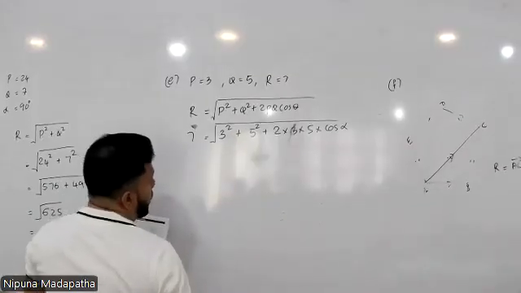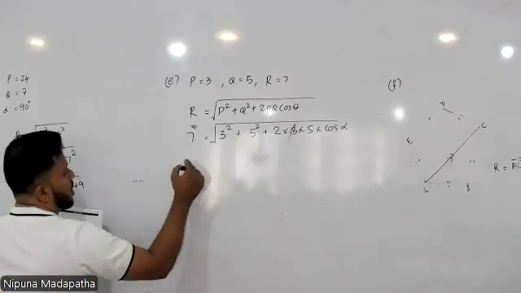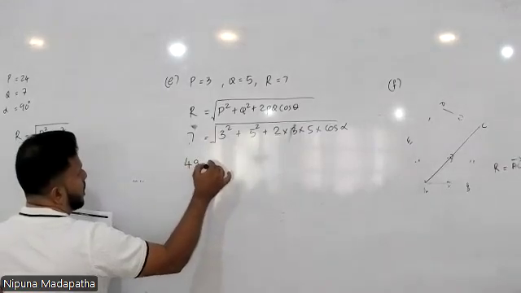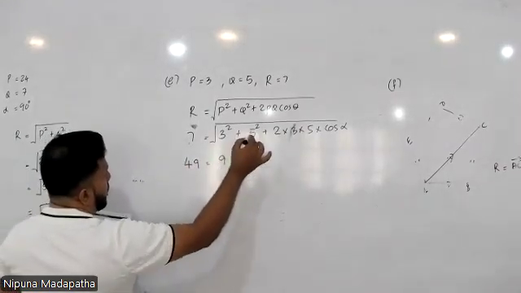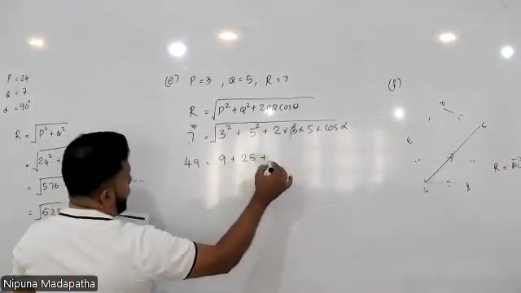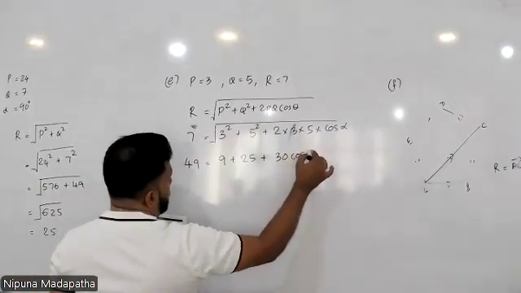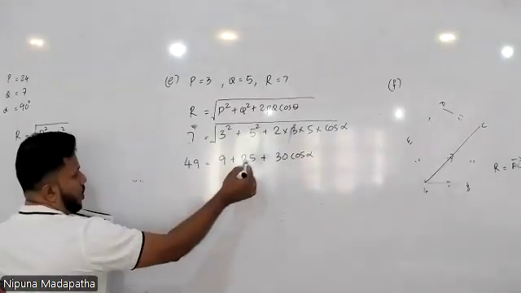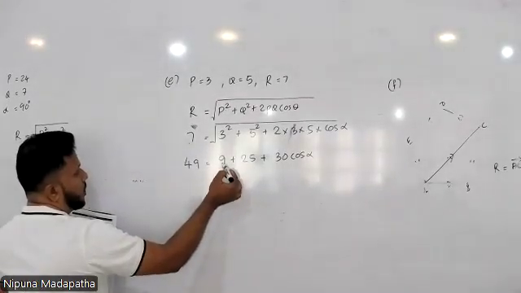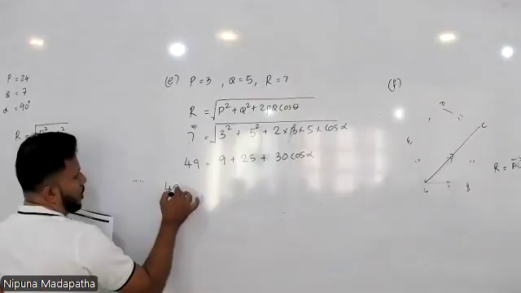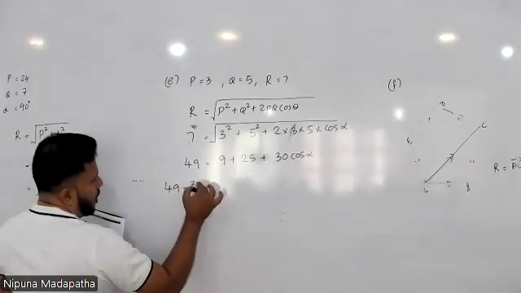To remove the square root, square both sides. 7 squared is 49, 3 squared is 9, 5 squared is 25, 15 into 2 is 30 cos alpha. 25 plus 9 is 34, bring that to the other side.